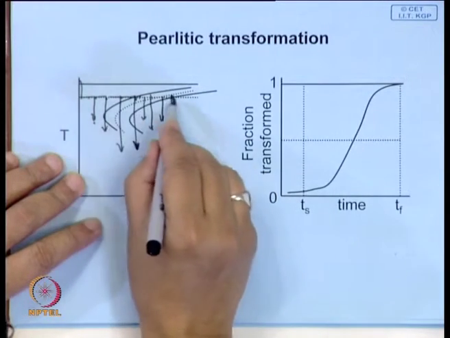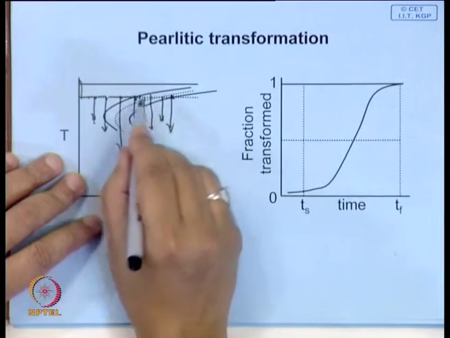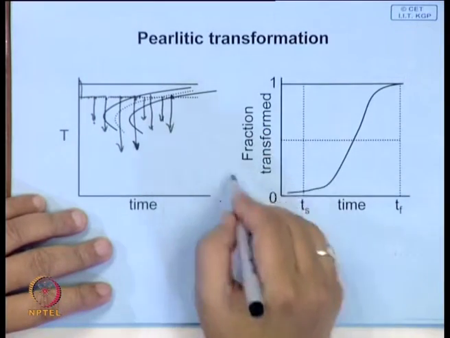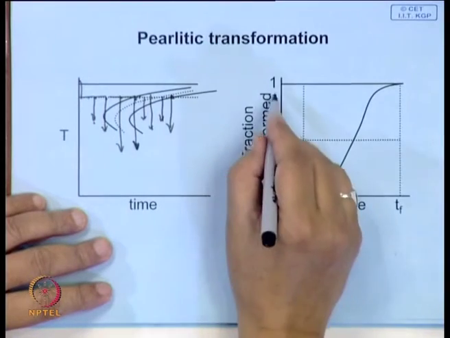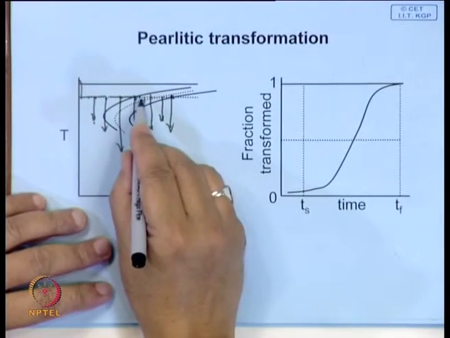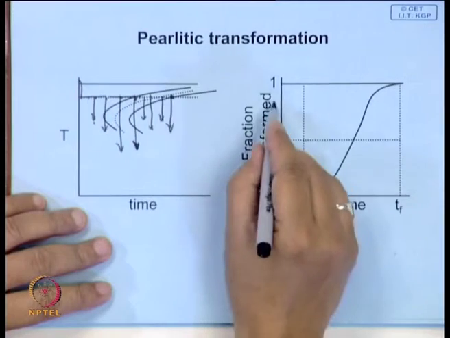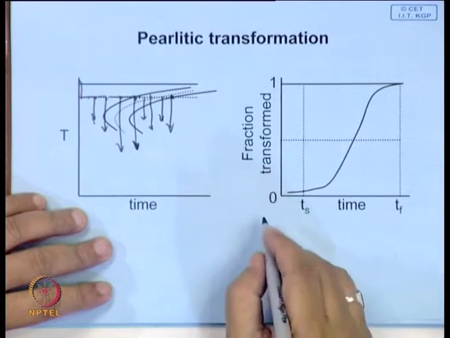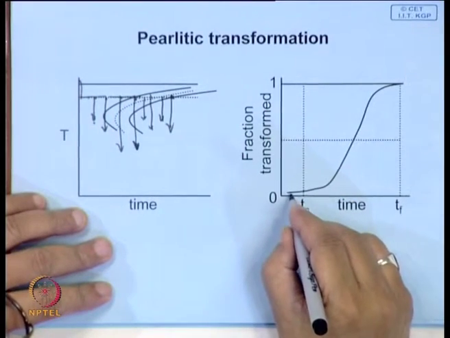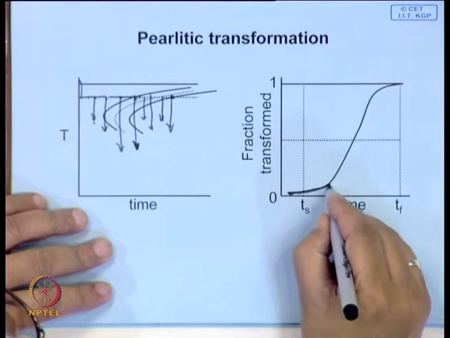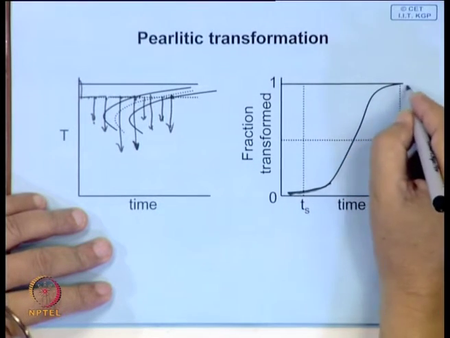And if you plot this fraction transformed by following either this microstructure examination or hardness measurement, you can convert this data into fraction transformed. And if you plot this fraction transformed, you get some kind of an S shape curve.